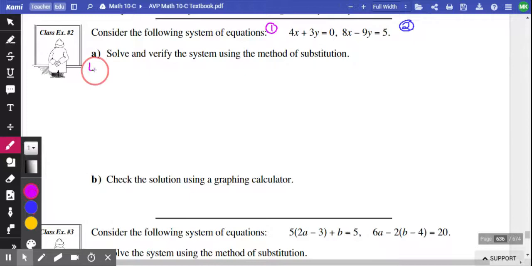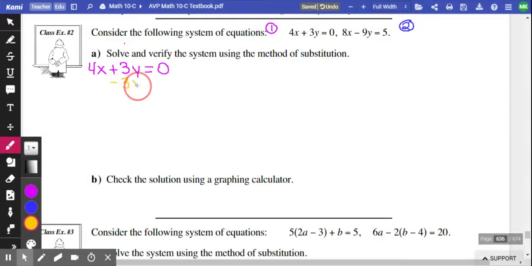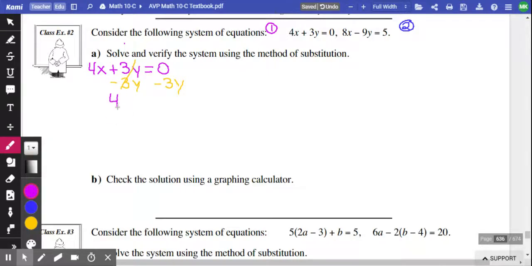I'm going to take 4x plus 3y equals 0. And I'm going to choose to get x by itself. To get x by itself, I need to move over any additions. So I subtract 3y from both sides. That cancels out, and I now have 4x equals negative 3y.